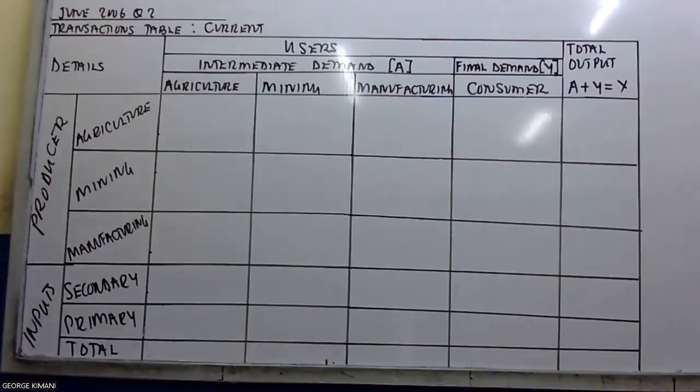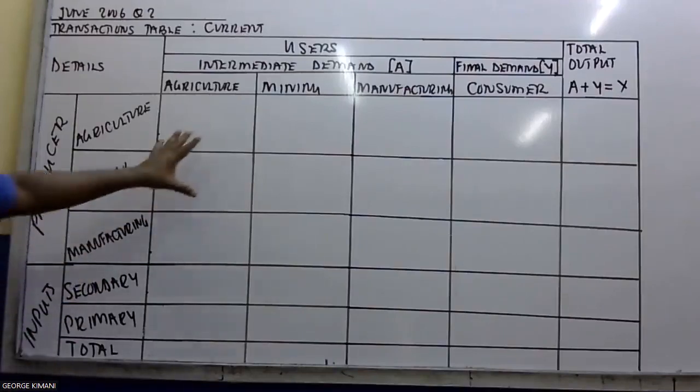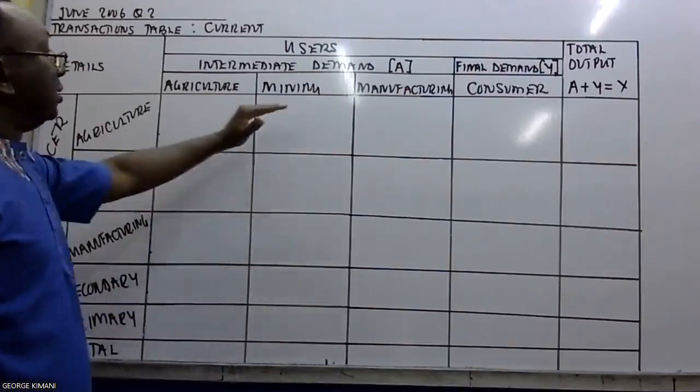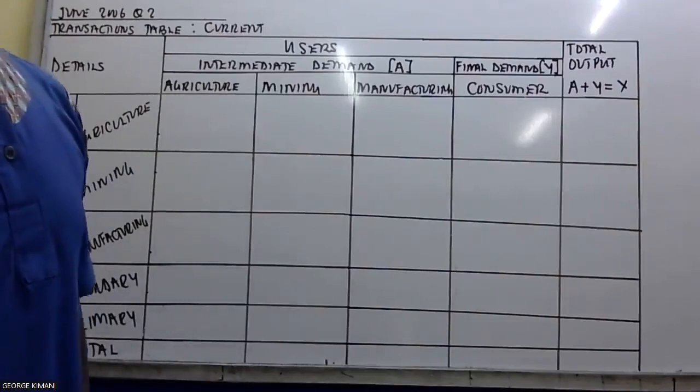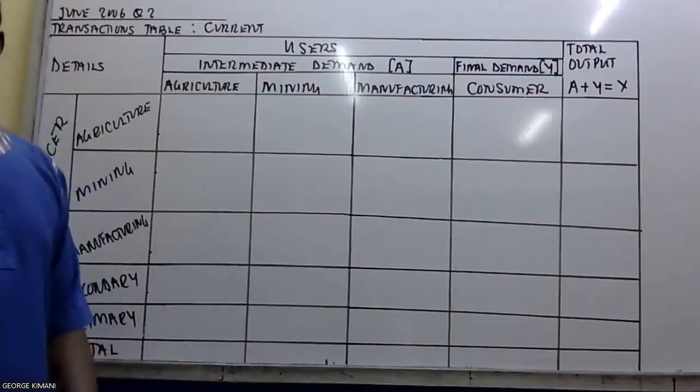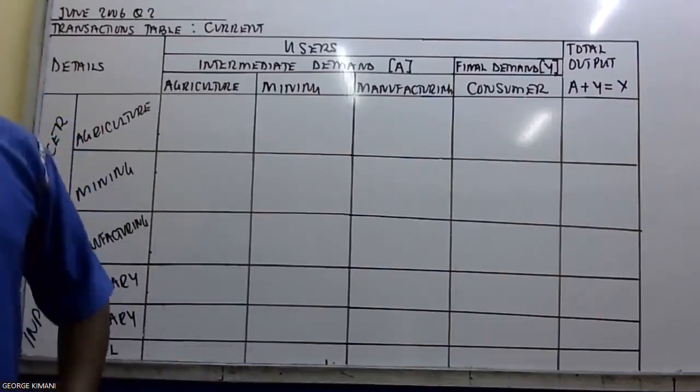So now, as I said, this one is the output. When you are following this, you can talk of the output. And then these ones, when you are going downwards, these are inputs. I told you there are two versions in which the question can be presented to you by the examiner.